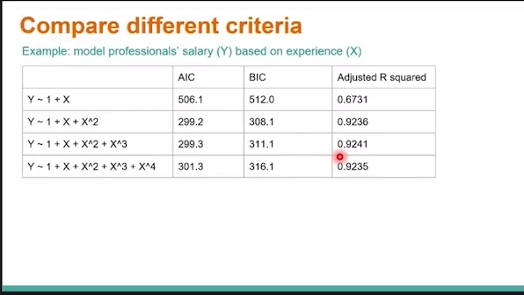So right now we're going to settle for the one chosen by the AIC and the BIC. Even if you look at the adjusted R squared for the model chosen by the AIC and the BIC, you're going to see there's no significant difference between this one and this one. So because of that, we're going to go with that.